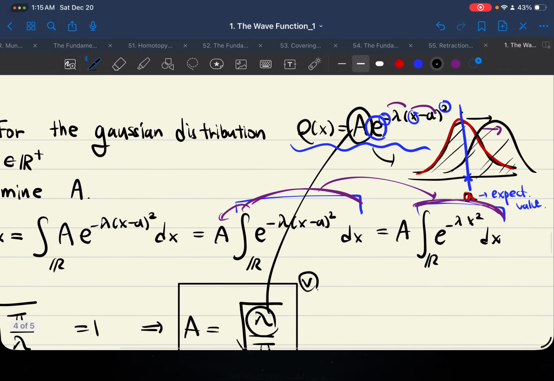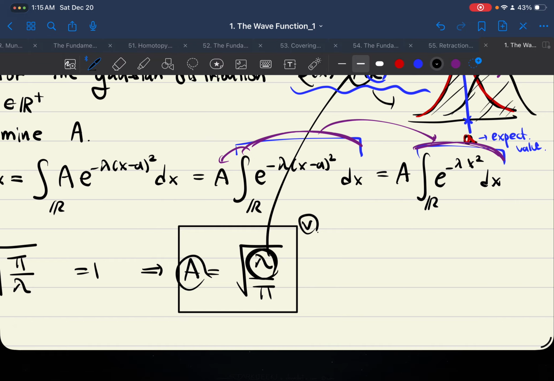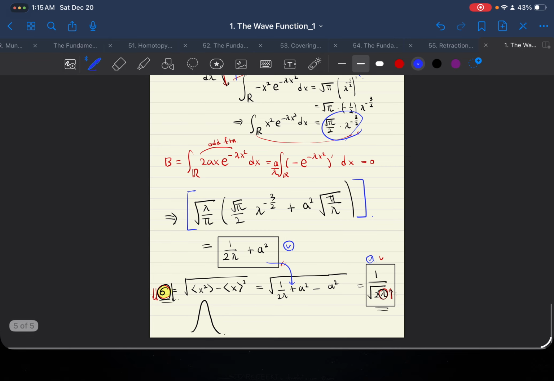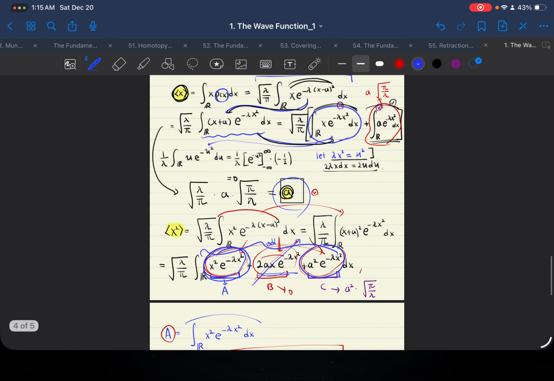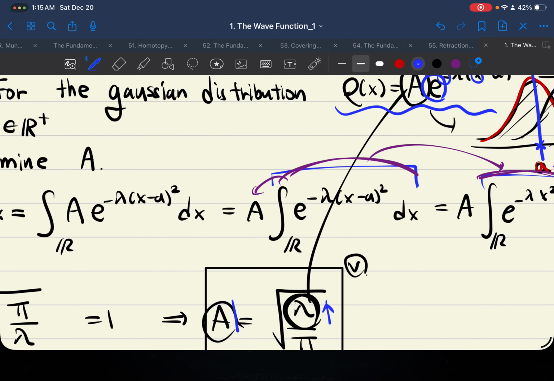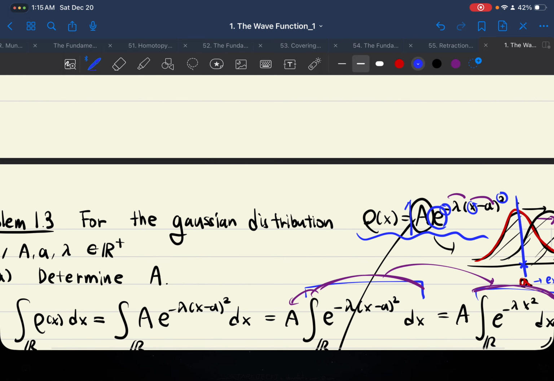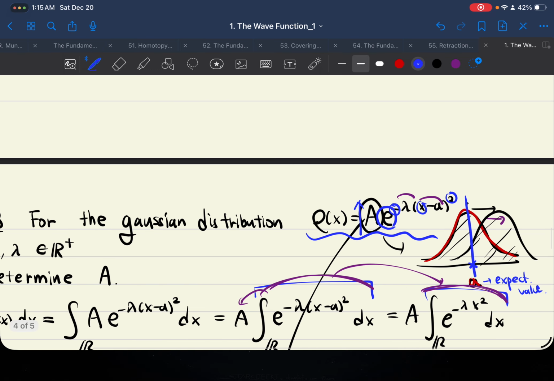What does it mean? A is the multiplicative factor of the Gaussian, and when lambda is getting bigger, the standard deviation sigma is getting smaller. So lambda bigger means A bigger, which means the multiplicative factor is getting bigger, meaning the bell is narrowed like this, with a very small standard deviation.